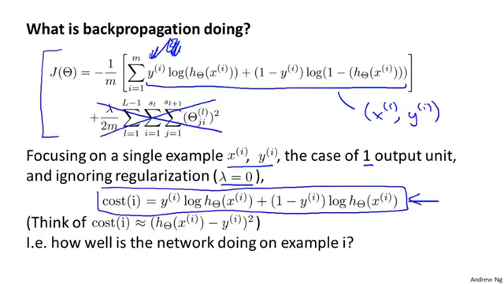So rather than looking at this complicated expression, you can think of cost of i as being approximately the squared difference between what the neural network outputs versus the actual value. Just as in logistic regression, we actually prefer to use the slightly more complicated cost function using the log, but for the purpose of intuition, feel free to think of the cost function as being this sort of squared error cost function. And so this cost of i measures how well the network is doing on correctly predicting example i. How close is the output to the actual observed label yi.